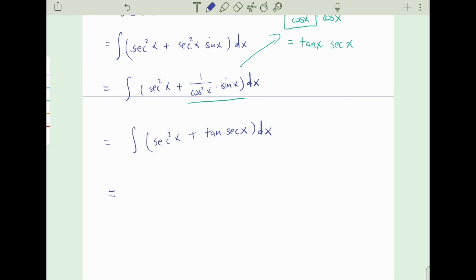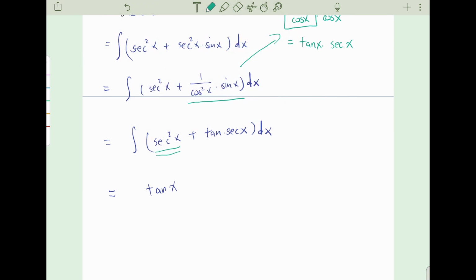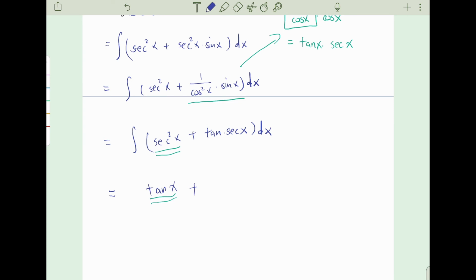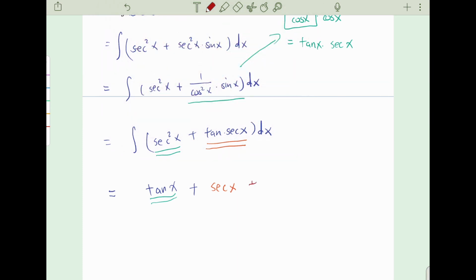And that is exactly tangent of x for the first integral here, and for the second integral, that is going to be sec x, plus c at the very end.